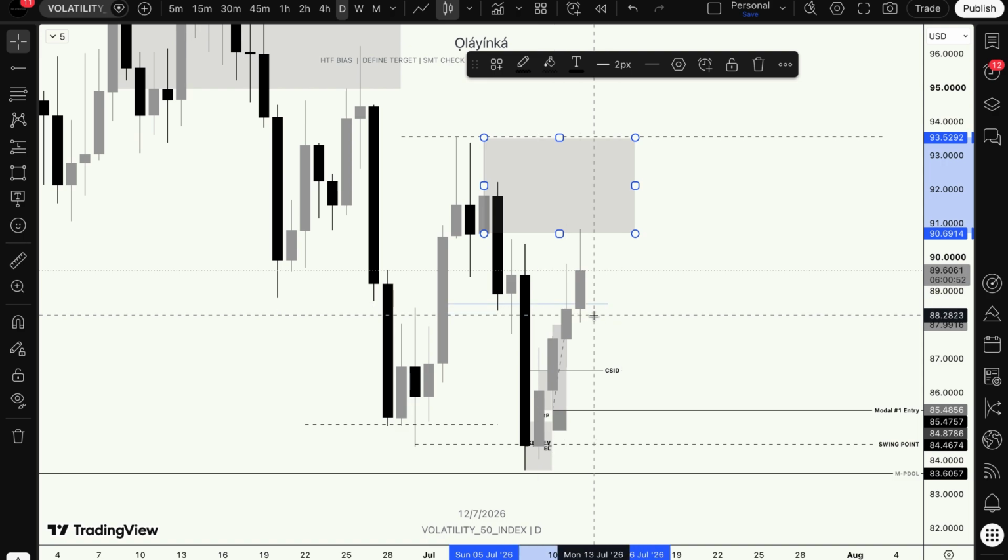And if I want to anticipate a sell, anything above that equilibrium level, price can decide to start resuming sell. You look for an unmitigated POI.